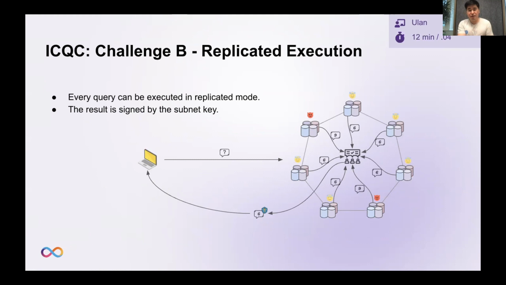So when a user sends a replicated query, it goes not to a single node, but rather to the subnet, and all nodes in the subnet execute that query, and then they agree on the result, sign the result, and send the result to the user. And this means that the result is trustworthy, right? We currently have this very nice property in the system that we can take any query and execute it in replicated mode. So it's a way to achieve security. And next slide, please.